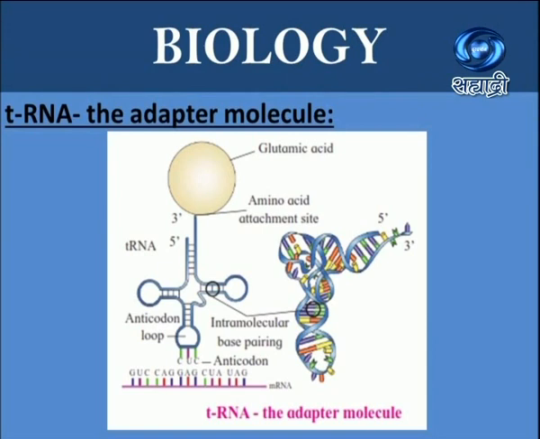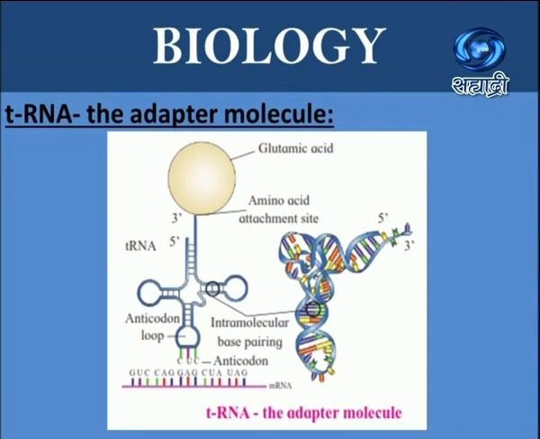Translation is the mechanism in which codons of mRNA are translated and specific amino acids in a sequence form a polypeptide on the ribosome. All types of proteins are synthesized by the cell within itself.